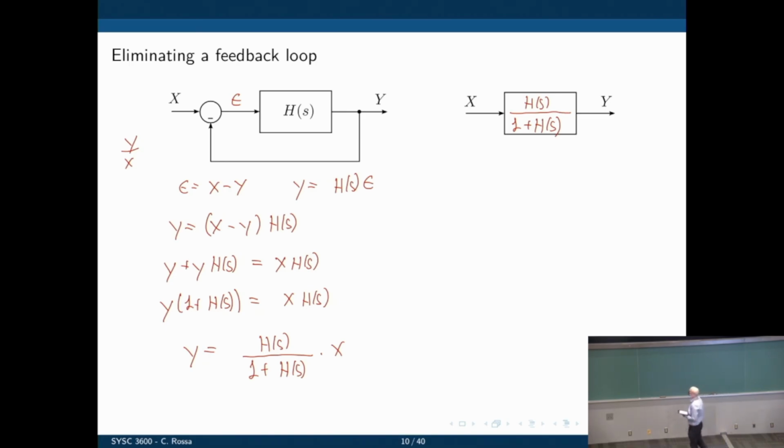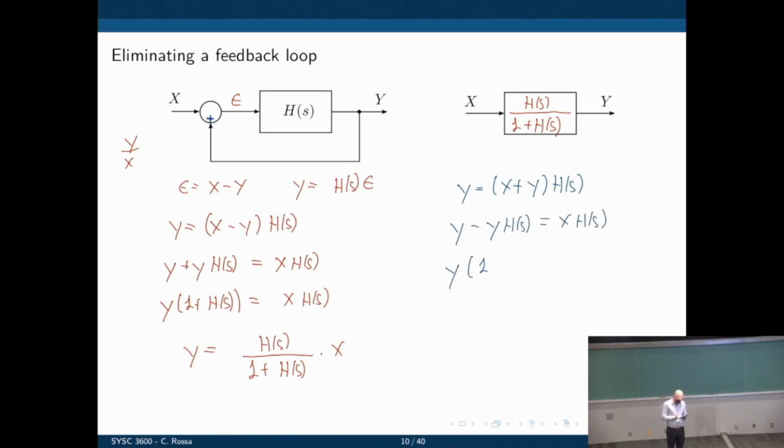Now, you see that this is a negative feedback loop because the sum there has a negative sign. What happens if you put a positive sign here? Well, we can rewrite the equation. The equation now becomes y equals x plus y times h of s. We have y minus y h of s equals x h of s.